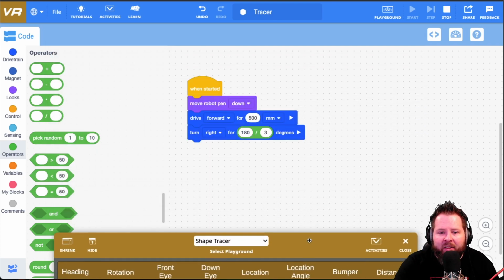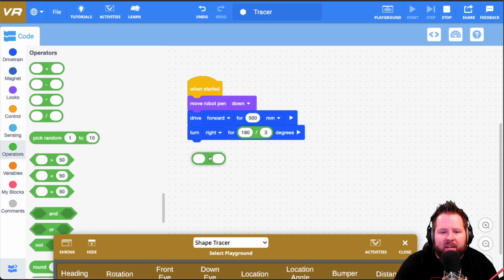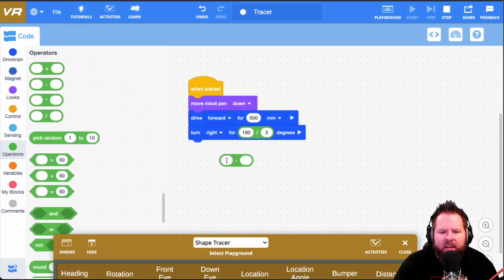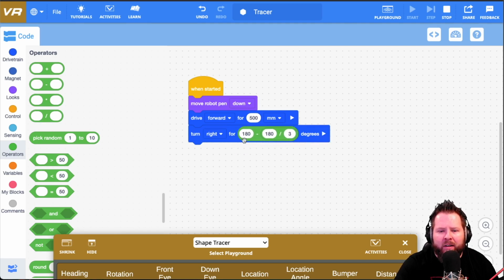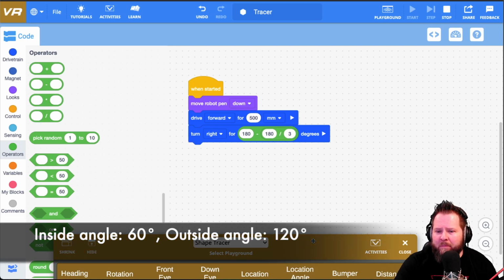So I'm going to add another layer of math here and say, grab this subtraction. And I'm going to say, again, I need to go 180 minus whatever this is. So now I have a little bit more complex thing going on here. I have 180 degrees minus 180 degrees divided by 3. All right. There's other ways we could do that mathematically.